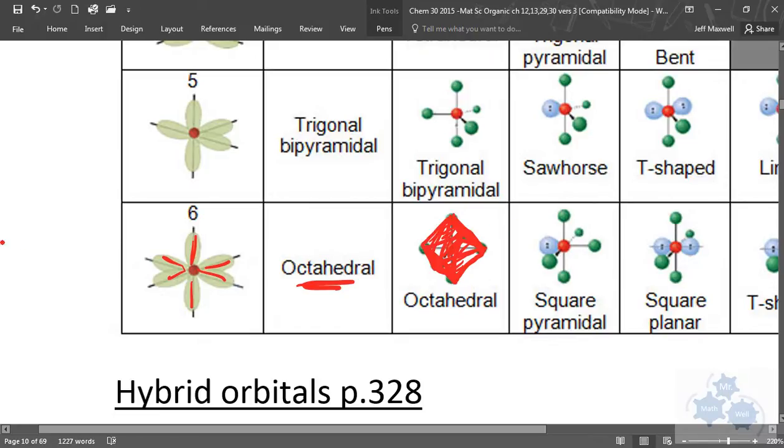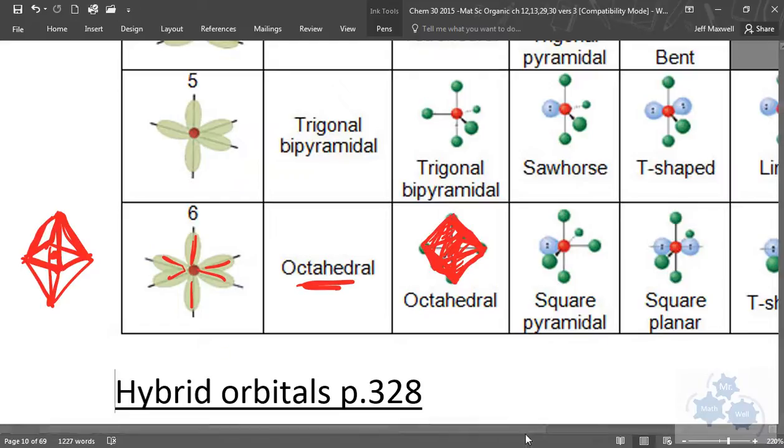So you basically have 2 square pyramids here, right? So you have one, and then back side, and then this side, and the front side here. So a square pyramid has 4 sides, and you have 2 of them, and so you have 8 sides. See that? And the atom in the middle.